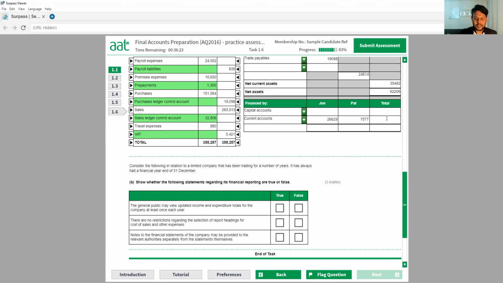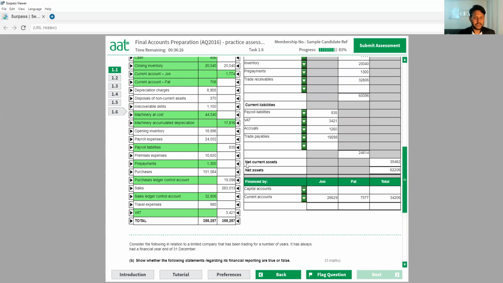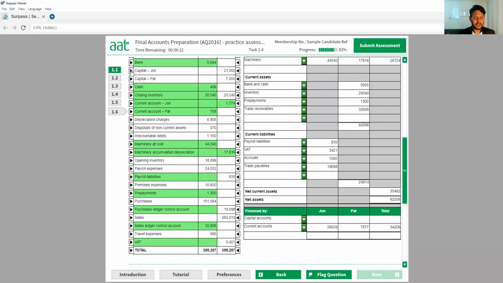So total is 34,206. Let's do the capital account now. How much is the capital account we have? John 21,000 and Pat 7,000. That will give us total 28,000.